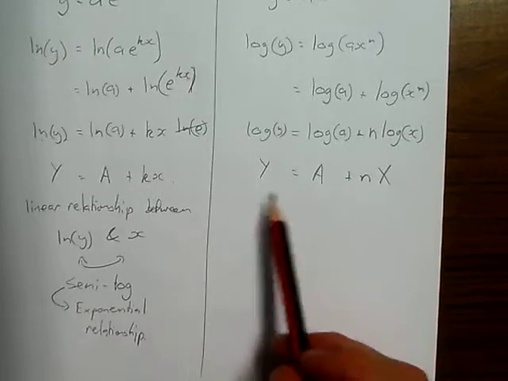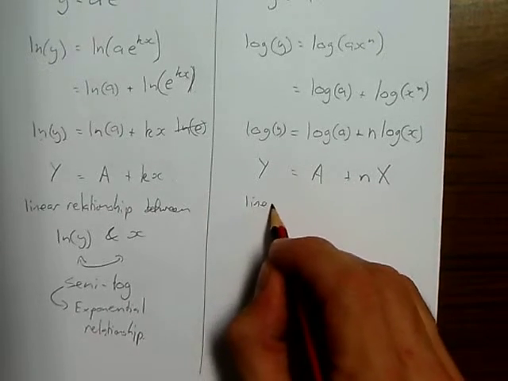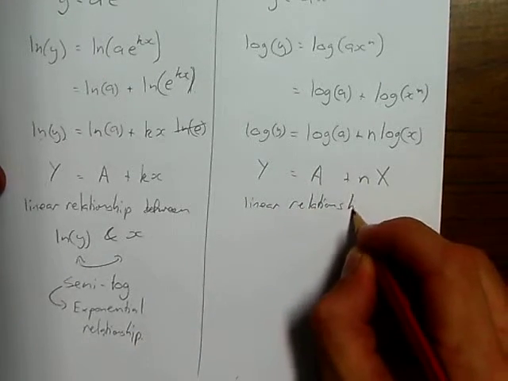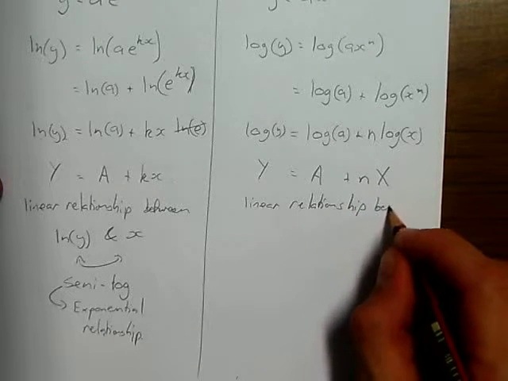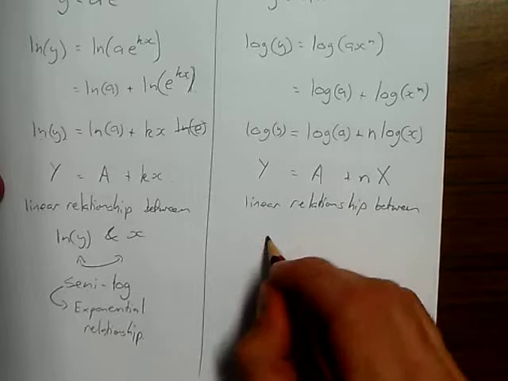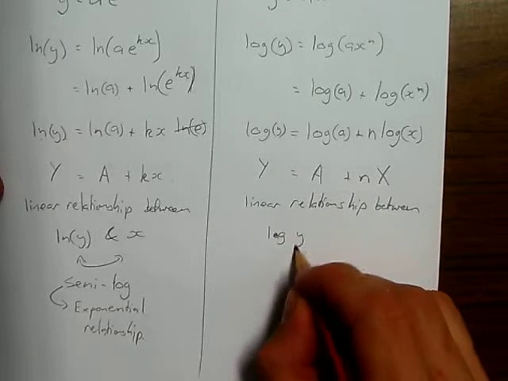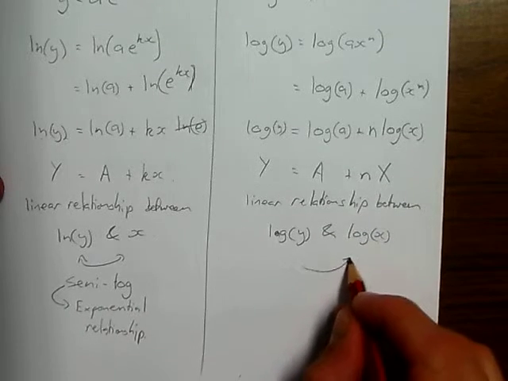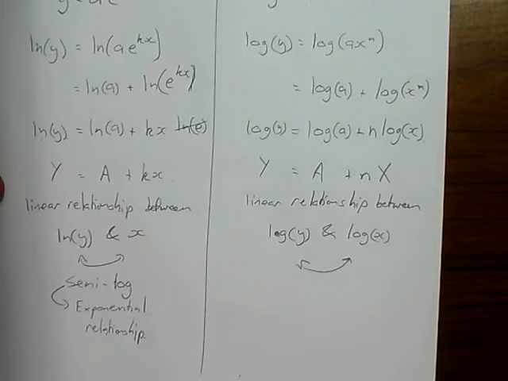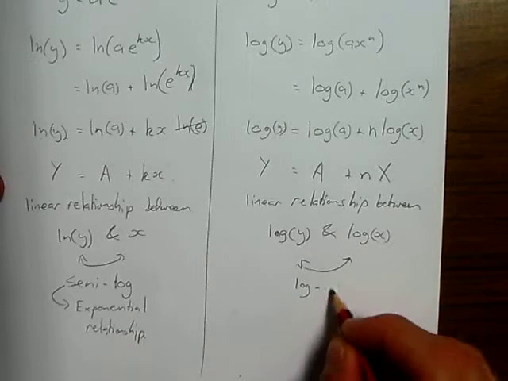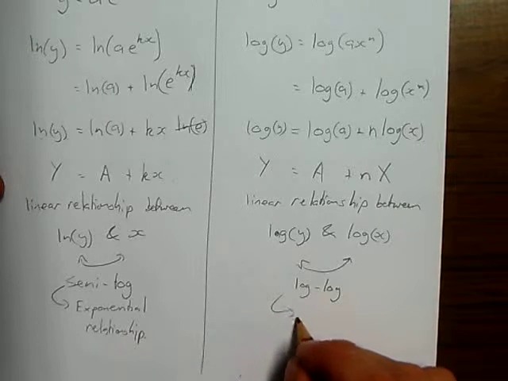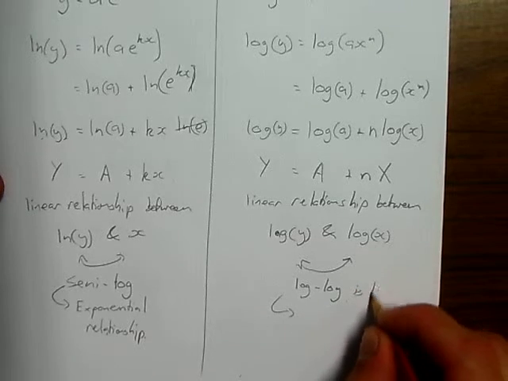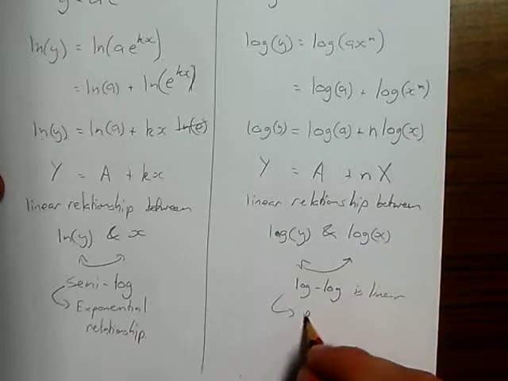So we have a linear relationship between log y and log x. It's the relationship between the logs of both variables. So we have a log-log, which means if we have a log-log that is linear, we have a power relationship.